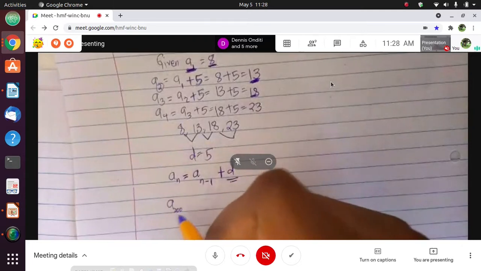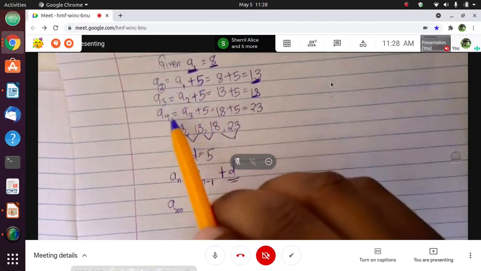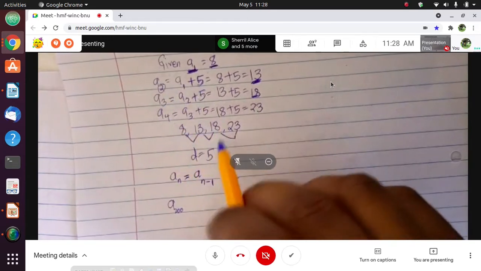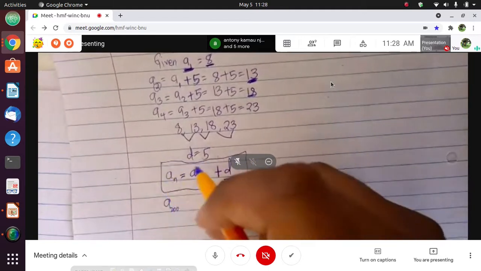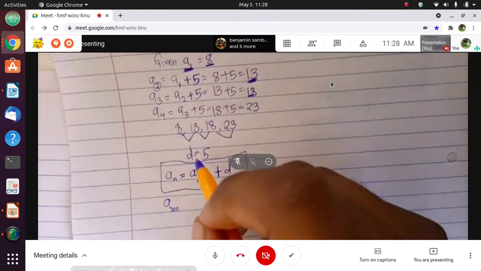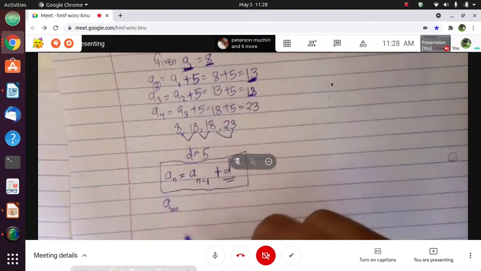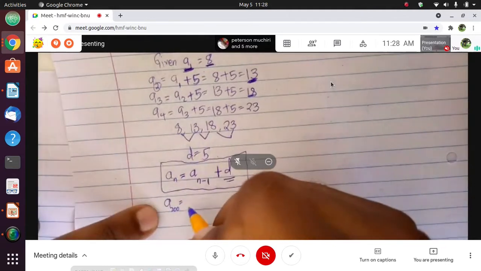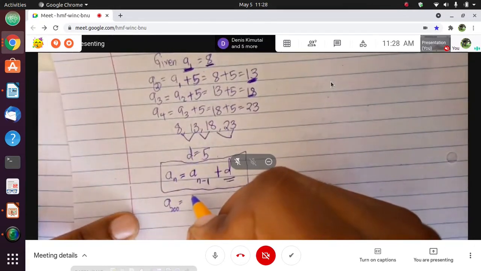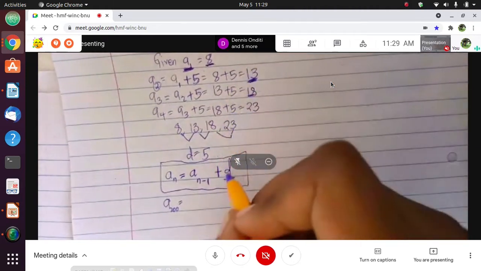A200. What will be the value of A200? You cannot continue writing A1, A2, A3, A4, A5, A6 up to 200. No, it will take a lot of time. That's why we have a general equation which can help us identify the 1,000th term, the 200th term, the 50th term. For example, in this recursive arithmetic progression, the 200th term will be A199, which we do not know, plus the common difference.